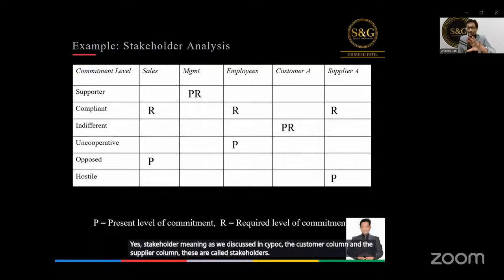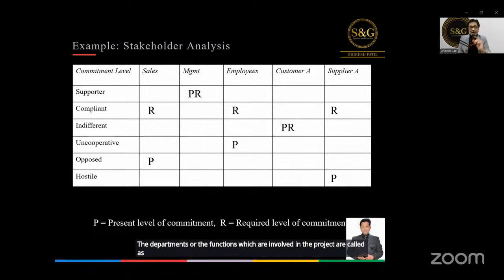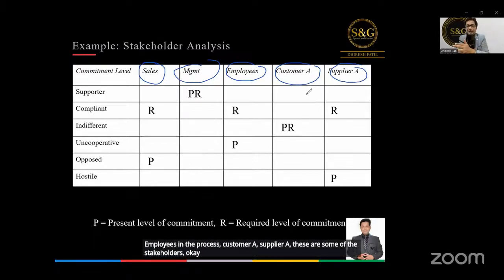The departments or functions involved in the project are called stakeholders. While making the project team, we have to have stakeholder representation, so we should have somebody from each department. For example, here the stakeholders are the sales department, management, employees in the process, customer A, and supplier A. We want their involvement in the project to solve this problem.